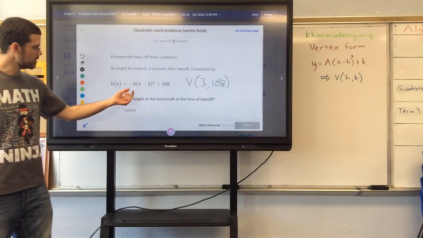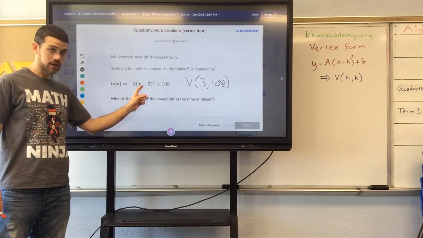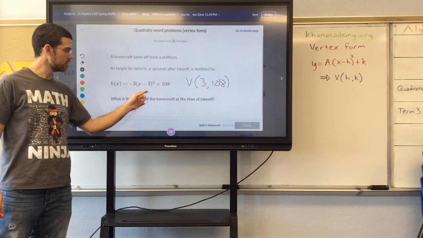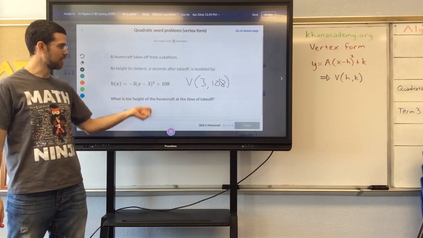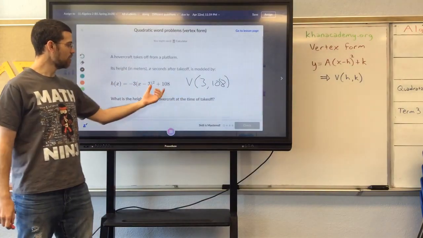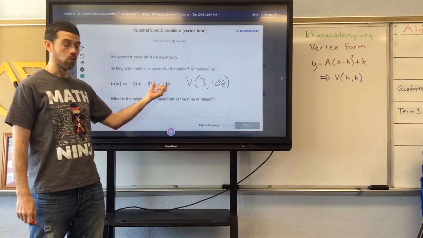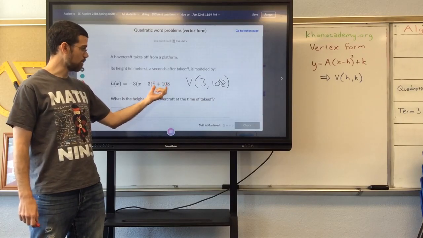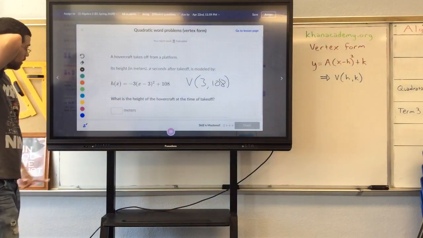The x-coordinate is the opposite sign of the sign inside the parentheses, so it's the opposite of -3, which is +3. And then its y-coordinate is the constant here with the same sign. So this is +108, so the y-coordinate is +108.